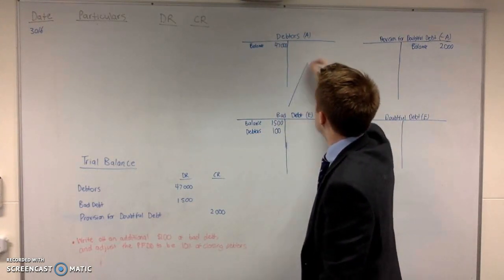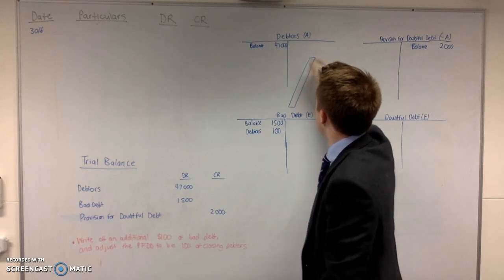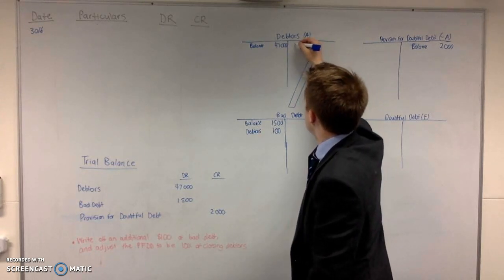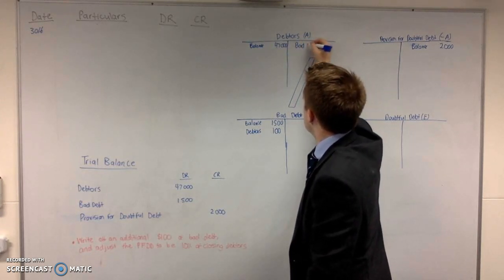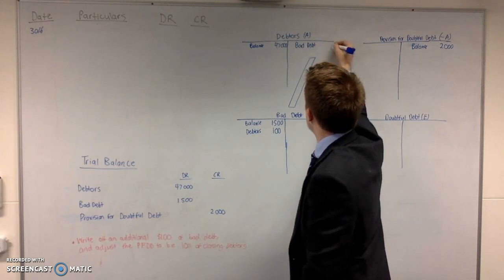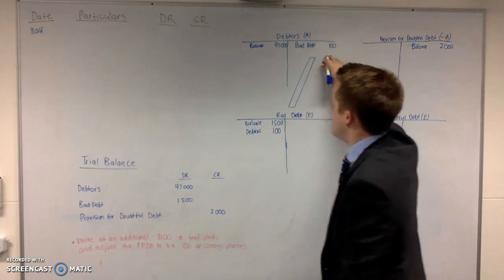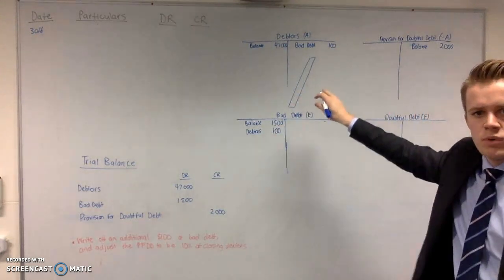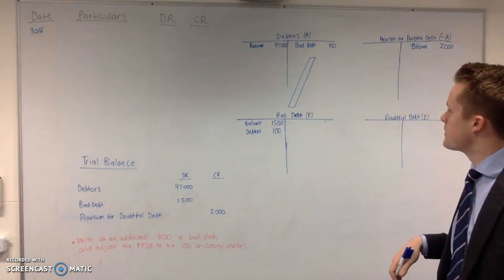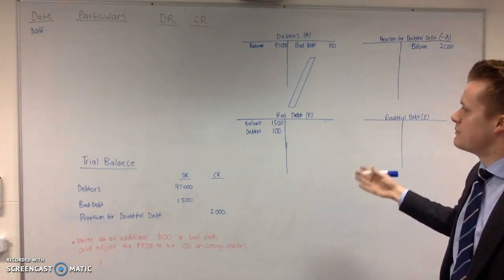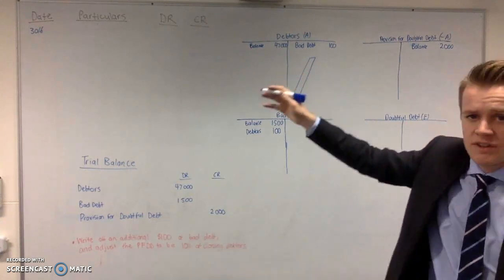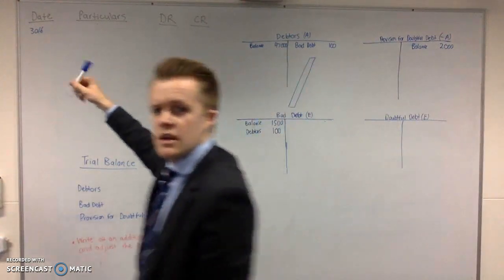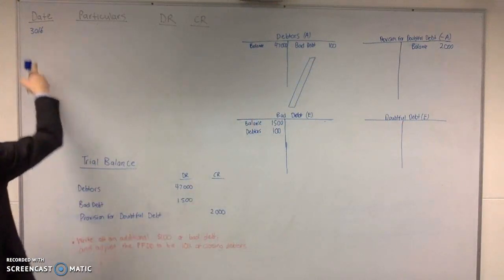Okay, so this is the first stripe. We go bad debt, $100. So this is writing off the additional $100 worth of bad debt. Okay? Next step. Sorry, not next step. Finish off this one. We're going to do the journal entry. Okay, so the date's the 30th of the 6th.